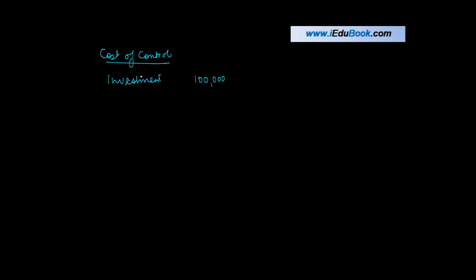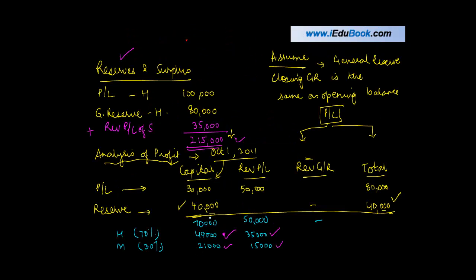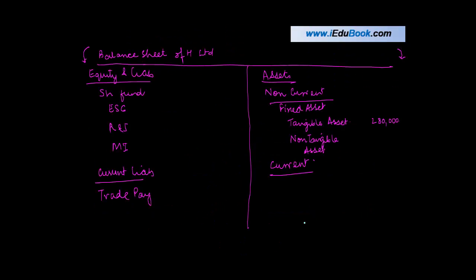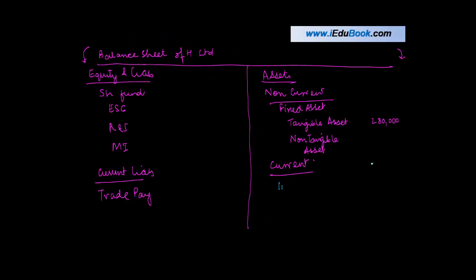I keep on writing these short forms. For the sake of completeness, you can practice with the full forms only. Current assets, 180 plus 160 gives you 340. Do I have the bifurcation? It's just the current assets, so I'll just take the total, 180 plus 160, 340.